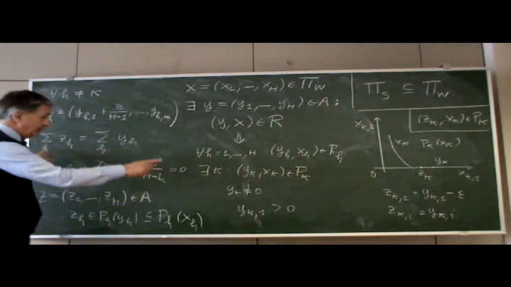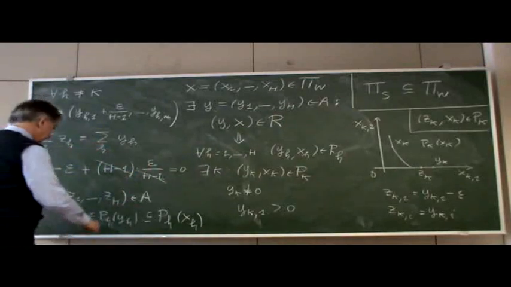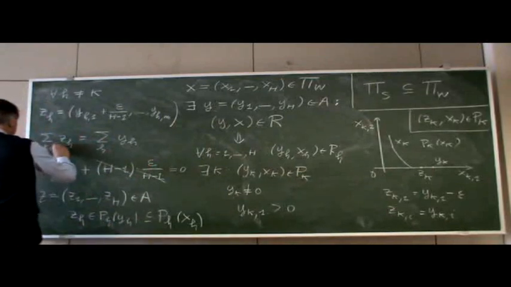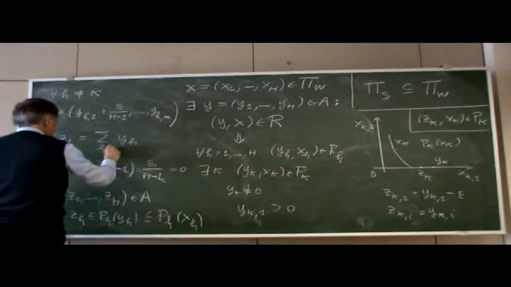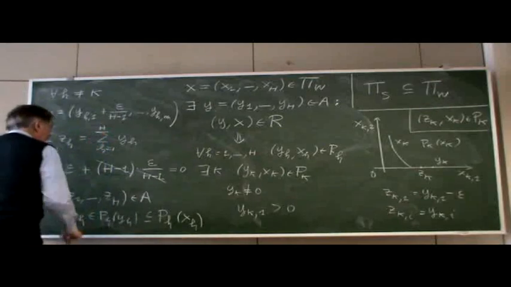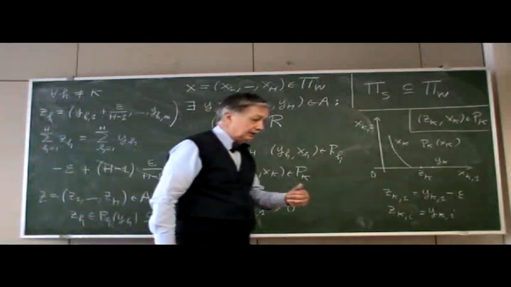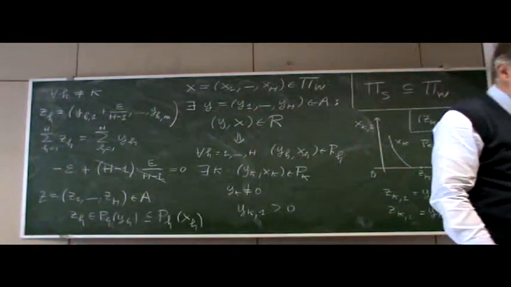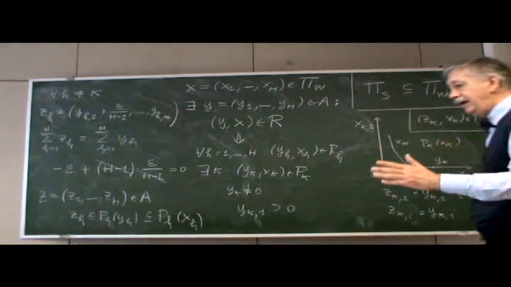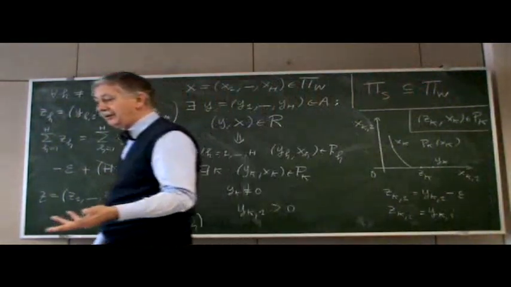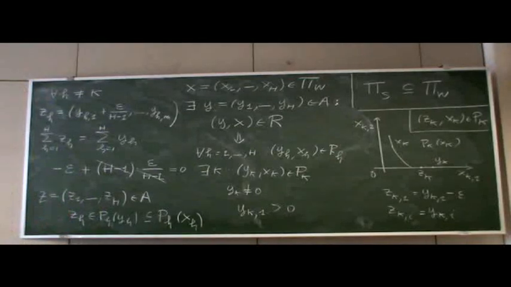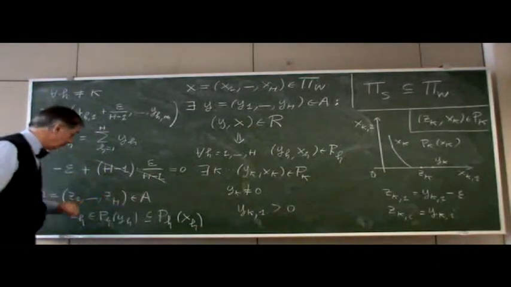In this sum, clearly, there is also k. So to speak, the allocation z1, ..., zh is a reallocation of the resources of y. So it is another possible allocation.